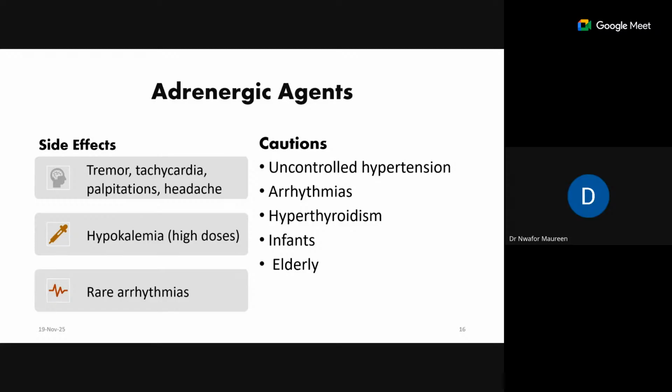These adrenergic agents can cause tremor and tachycardia. In a patient with a very good heart rate, you can see the heart rate going up. They can also cause palpitation, headache, then hypokalemia when you give these beta-2 agonists in high doses.